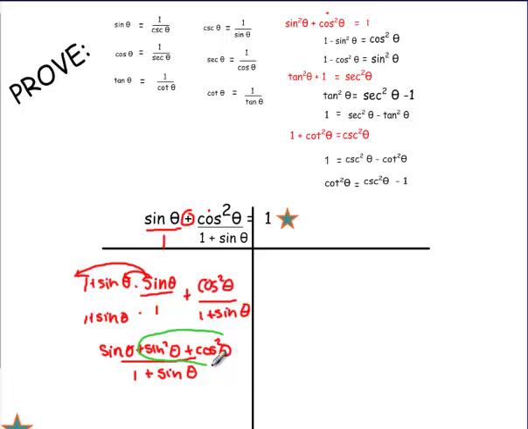Sine squared plus cosine squared theta. Look there, sine squared plus cosine squared theta equals 1. So I can replace all that with the number 1. And then I have sine theta over 1 plus sine theta. Hold on, that should be 1 plus sine theta over 1 plus sine theta, and anything divided by itself is 1, which equals 1. So I proved another one. Not bad.